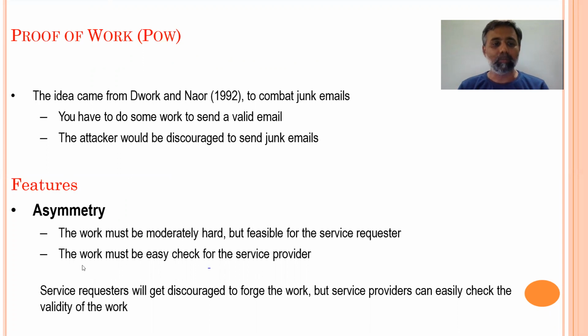The second is that the work must be easy to check for the service provider, so that at the recipient side, verification should be very easy. It should be completed within seconds. So the service requester will be discouraged from forking the work, but the service provider can easily check the validity of the work.